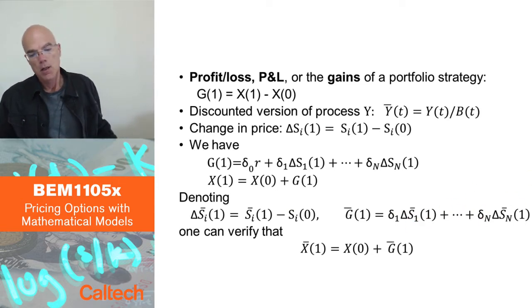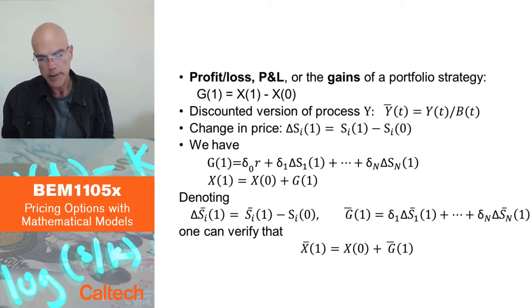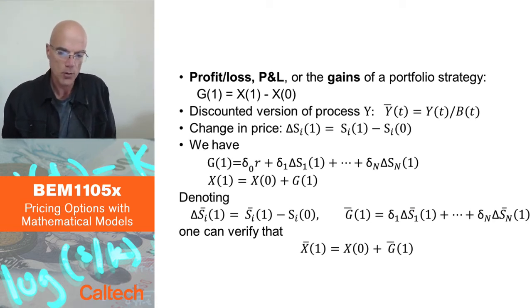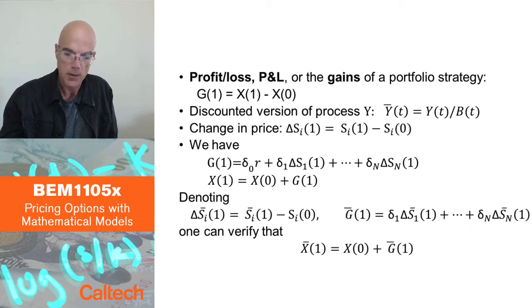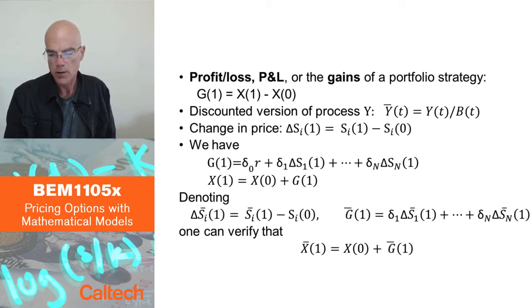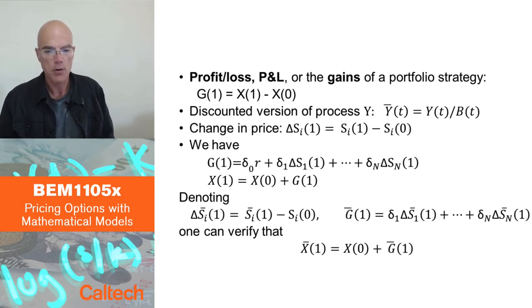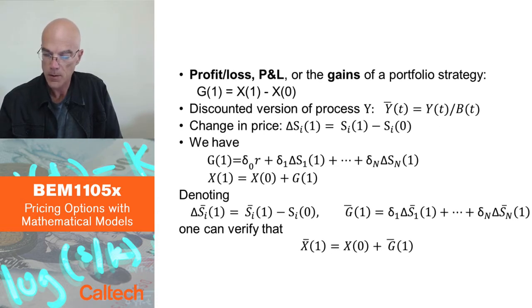And it's an easy exercise to show that discounted wealth in the future is discounted wealth in the past plus discounted profit loss. Again, this is going to be useful later, not so much now, but later on when we go to multi-period and continuous time models. All right, that was a lot of notation. Let's go on.